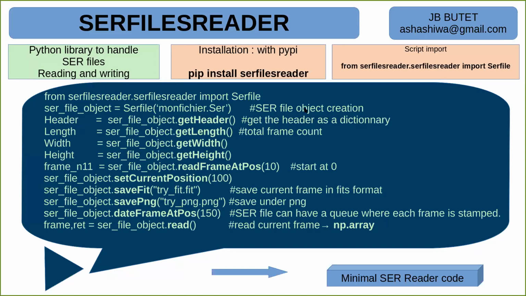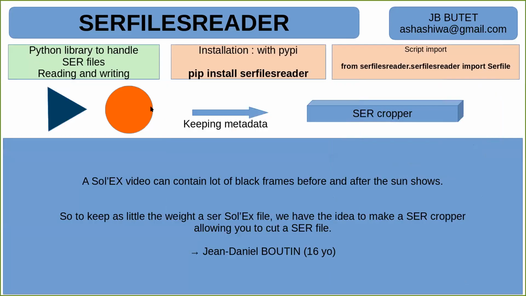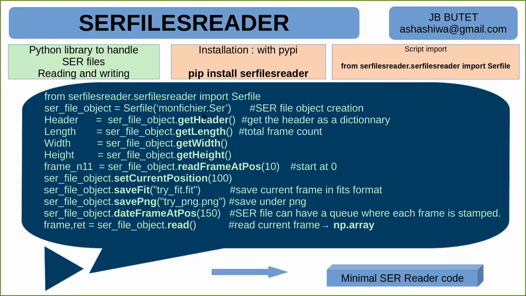First, you have to create a file object like this. It's very easy, and it handles the header, so you can get the file header and the length, the frame count, the width, the height, and you can move around the file and read frames with these methods.